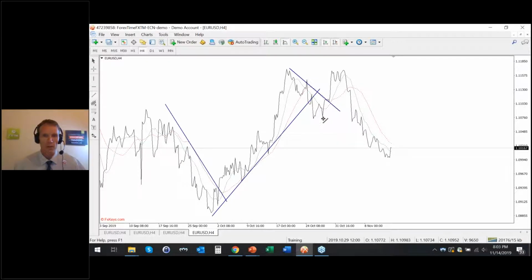Now, as you can see, what I've done is I've removed everything except the 15 and 34 simple moving average, right? So they are in fact almost like a pair of dynamic trend lines that help you to identify them. Right, so that's the purpose of this.